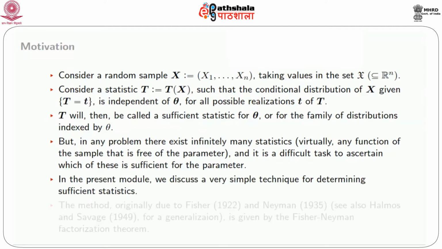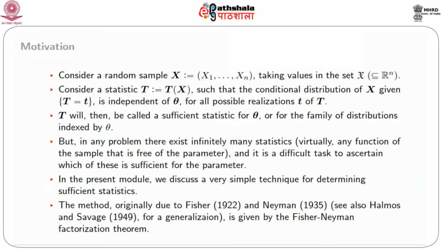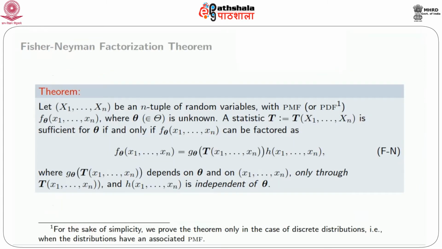In the present module we discuss a very simple technique for determining sufficient statistics. This method is originally due to Fisher and Neyman. It is later generalized by Halmos and Savage, and the method is known as Fisher-Neyman factorization theorem.